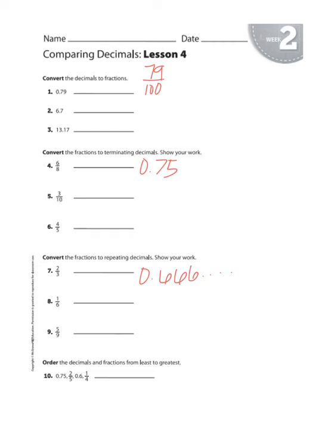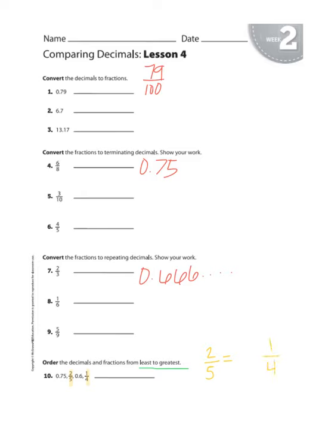And then number 10, this is important. I want you to practice this. You're going to put those in order from least to greatest. So I have 0.75, 2/5, and 1/4. You need to take 2/5 and 1/4 and make those decimals.